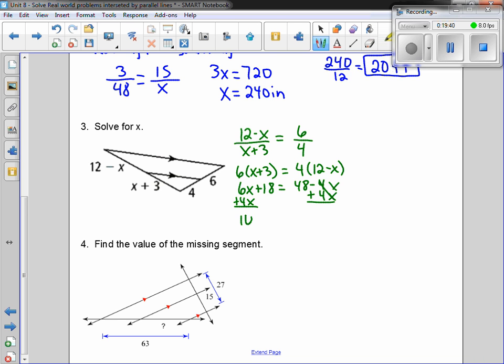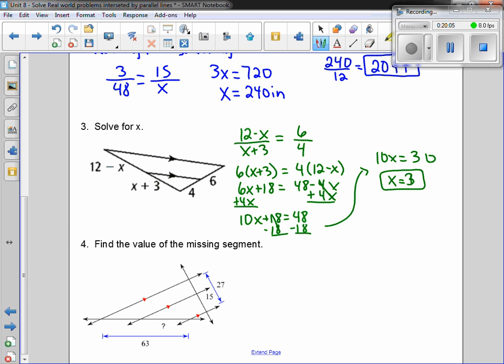So we have 10x plus 18 is equal to 48. Now we're going to subtract 18 from both sides to isolate our variable. So 10x is equal to 30, and divide by 10, and we find out that x is equal to 3.